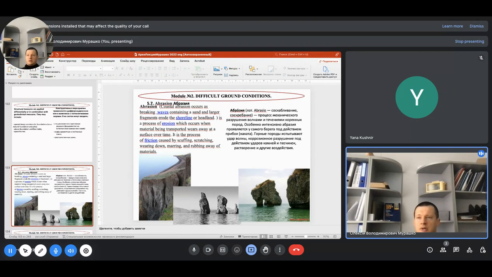So to sum up that part of our lecture, karst and suffusion are both connected with impacts of water. And the main difference between karst and suffusion lies in this. Karst is a result of dissolution of rocks with underground or surface water.